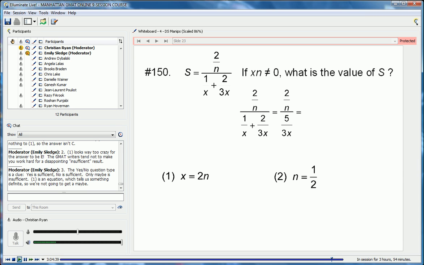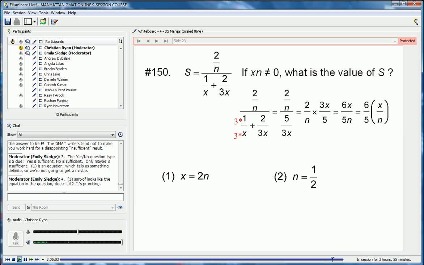So I'll write 3 in front here, 3 times 1, and 3 times x on the bottom, and I get 5 over 3x. And dividing one fraction by another fraction is just multiplying by the reciprocal. So long story short, again, I get x over n. And so my real question is, what is the value of x over n?